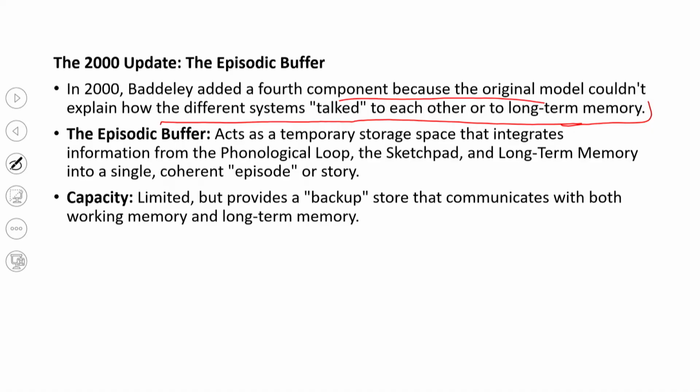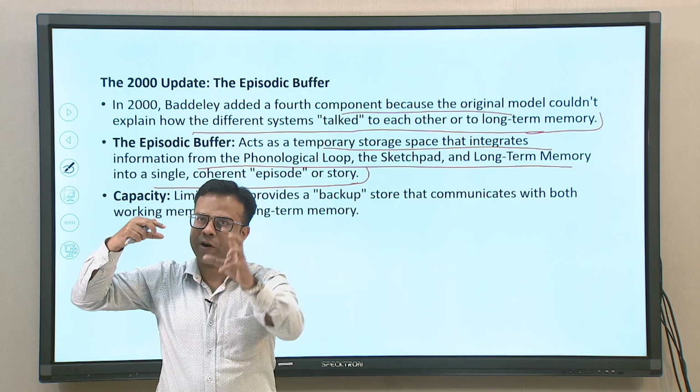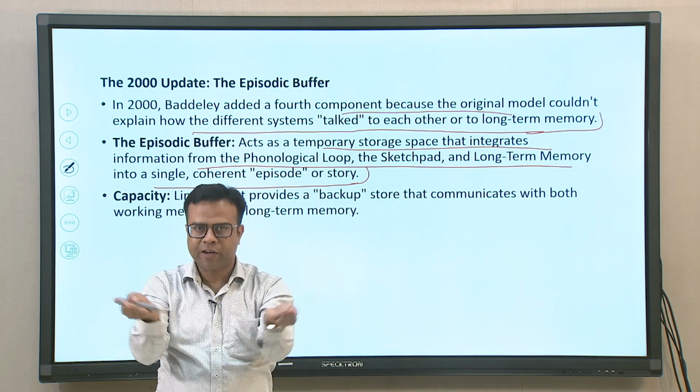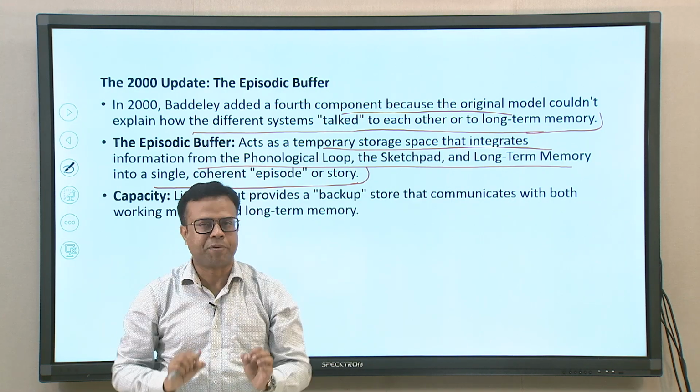This episodic buffer acts as a temporary storage space that integrates information from the phonological loop, the visuospatial sketchpad and long term memory into a single coherent episode or story. This is where all the information is stored collectively together as a coherent episode. Whatever you see, whatever you hear, whatever is coming from your long term memory, all in a coherent story, is stored in the episodic buffer.